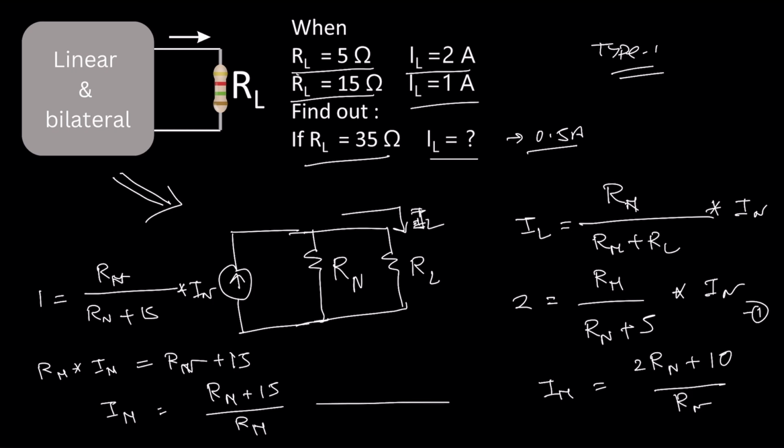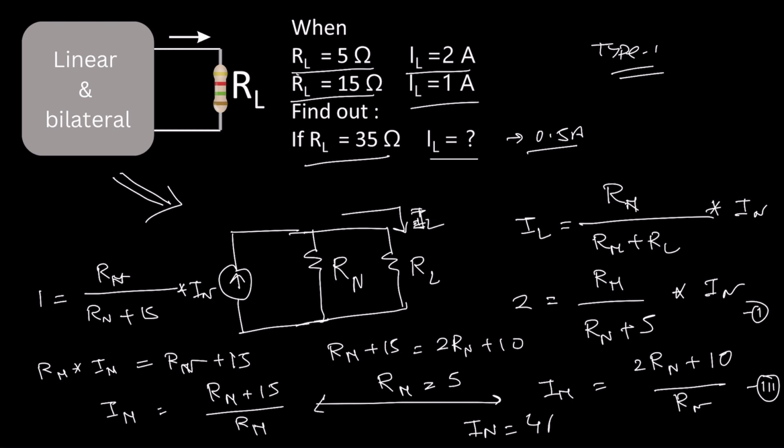So we can equate these two. Then Rn plus 15 equals 2Rn plus 10. From here Rn will be 5. Now if we put the value of Rn in equation 3, we get IN equals 2 into 5 plus 10 divided by 5, which is 20 by 5, so 4 amp.